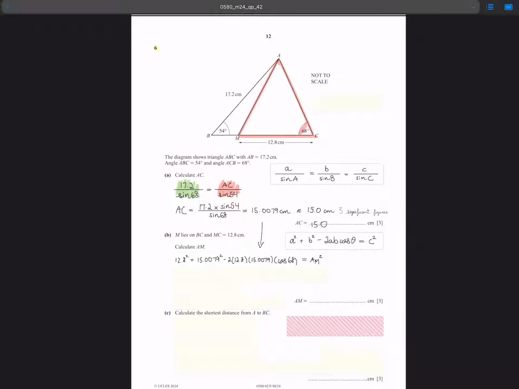But there is a chance that if you use 3 decimal places or 2 decimal places, in the end, you would not get the correct answer. It will be off by 0.1, and you will lose a free mark for no reason at all. So once you've substituted everything in, we want to solve for AM.